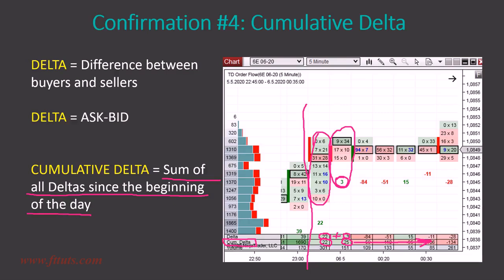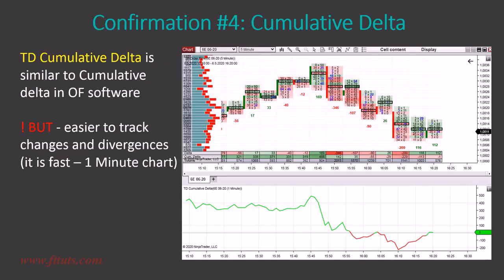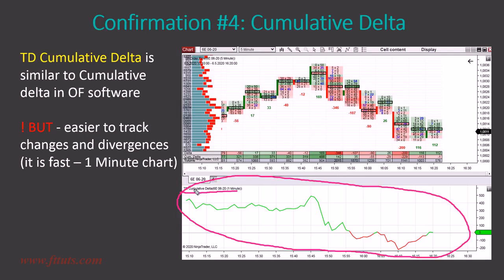But this video is not going to be about order flow, but it's going to be about a separate indicator which I developed. It is also called cumulative delta, but it's a bit different. It looks like this. It uses a line chart, and I prefer to use it on a really fast time frame, so 1 minute is ideal.